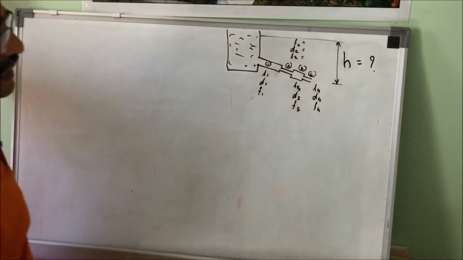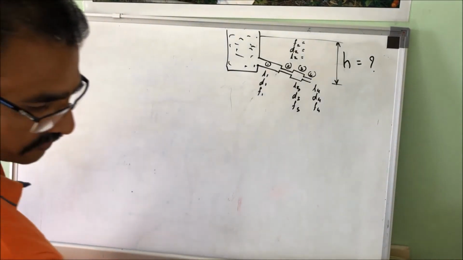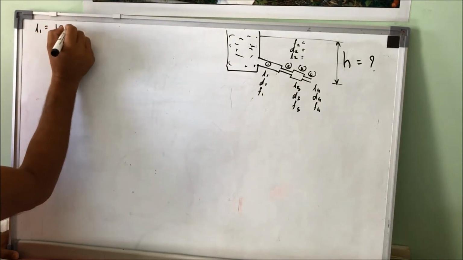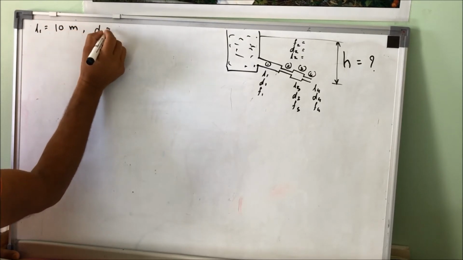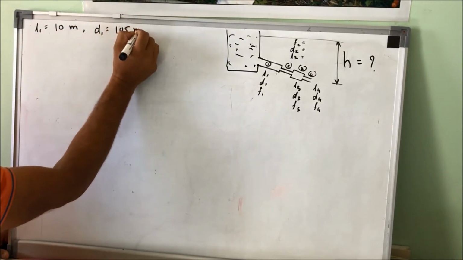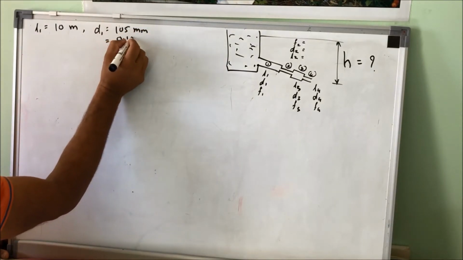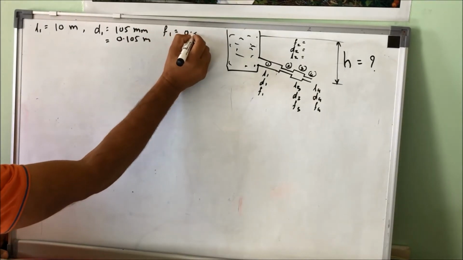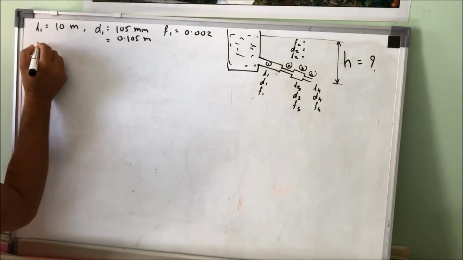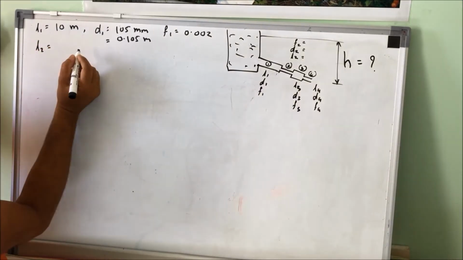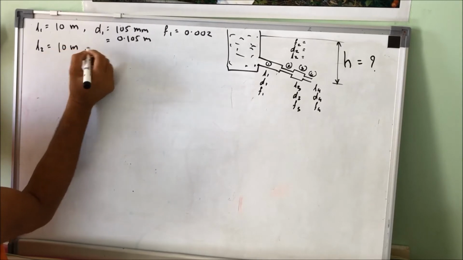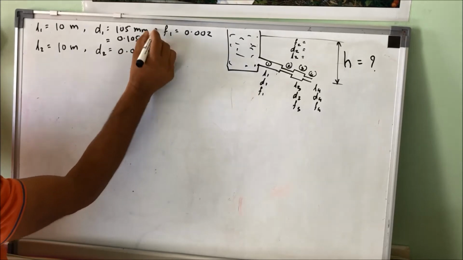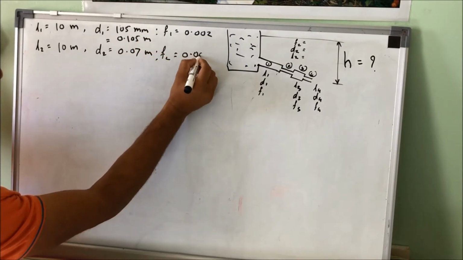So first we need to write the dimensions as given. Length L1 is given as 10 meter. Diameter D1 is given as 0.105 meter. Then F1 is given as 0.002. Similarly, L2 is 10 meter, diameter D2 is 0.07 meter, F2 is given as 0.0015.